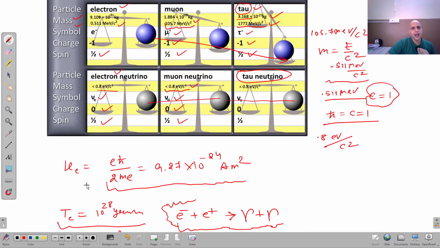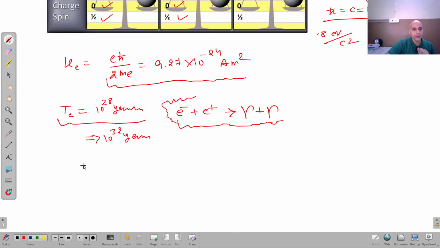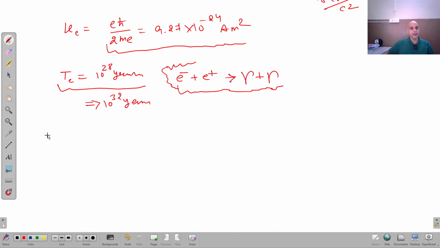Now I'm coming to the properties of muons, the second particle. As I told you, this particle is represented as mu negative and its antiparticle is mu positive. These particles were discovered by C.D. Anderson and S. Neddermeyer in 1937, right?